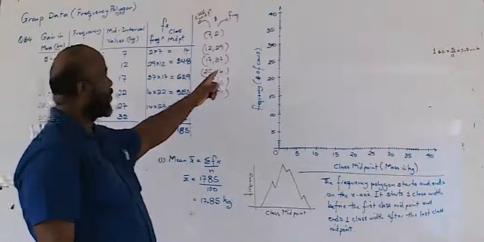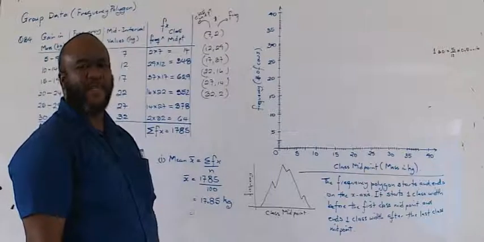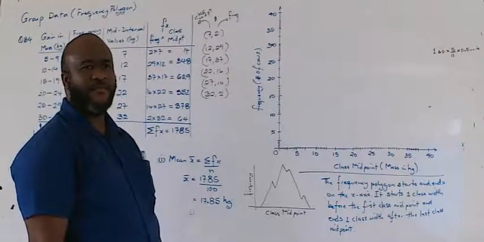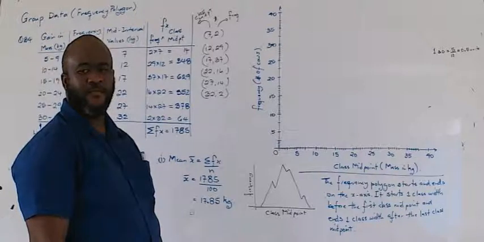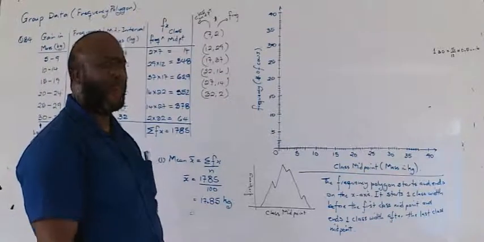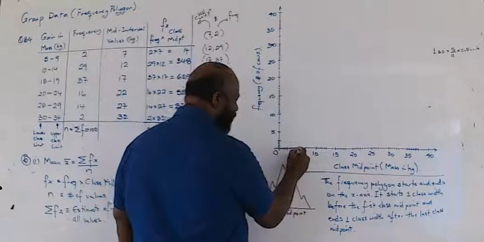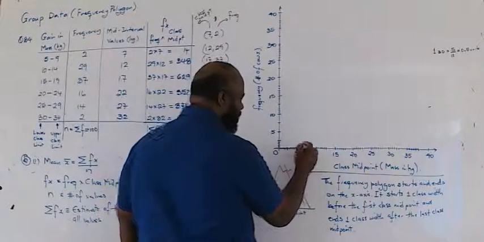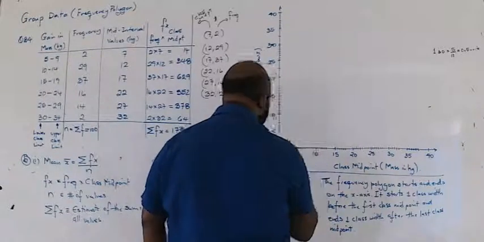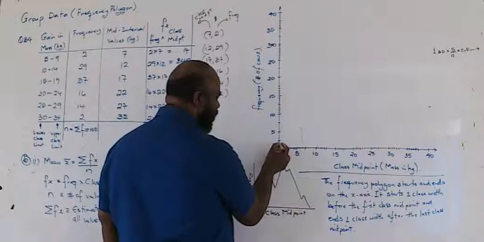The first point is what? 7, 2. So 7 vertical and 2 horizontal. Alright, watch this. 7 vertical and 2 horizontal. So that's 7: 5, 5.5, 6, 6.5, 7. 7 corresponds with 2: 0, 0.5, 1, 1.5, 2.